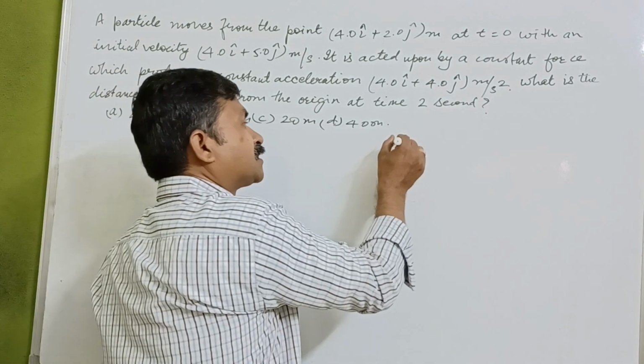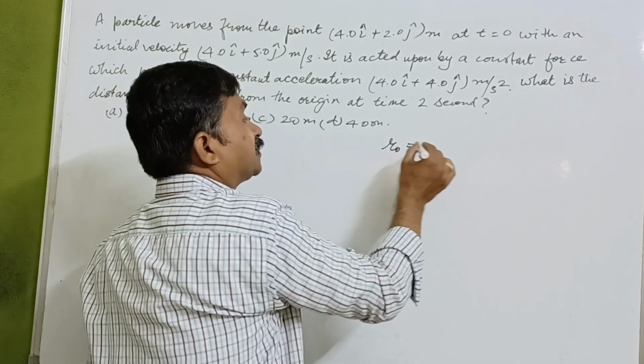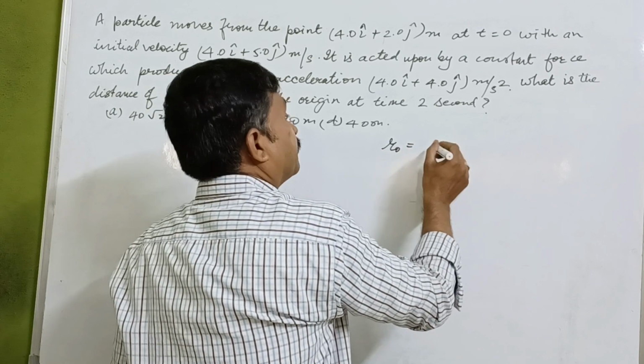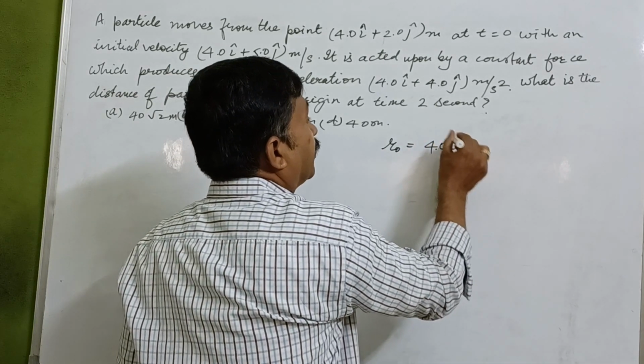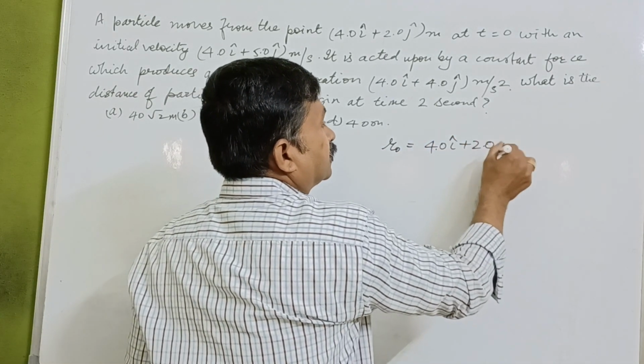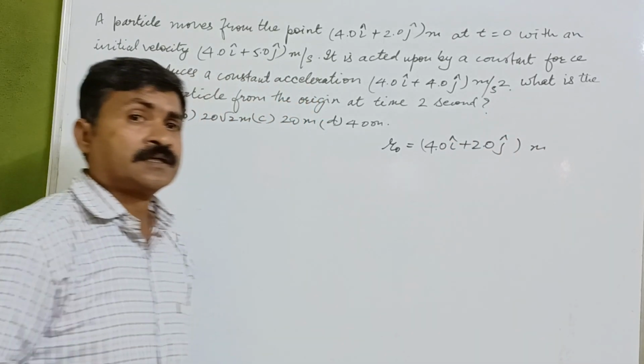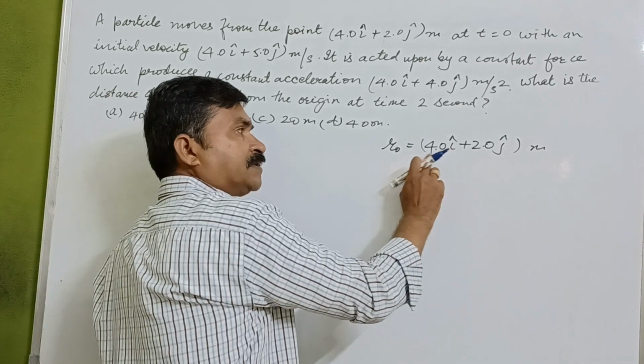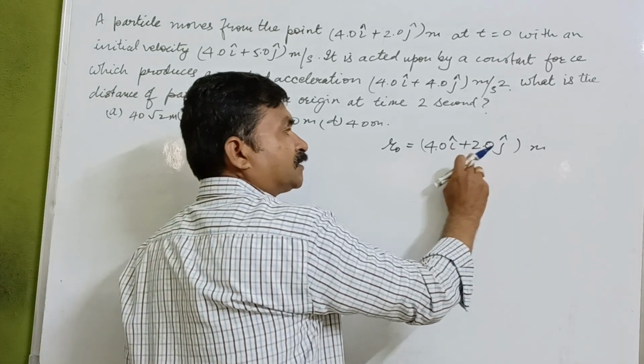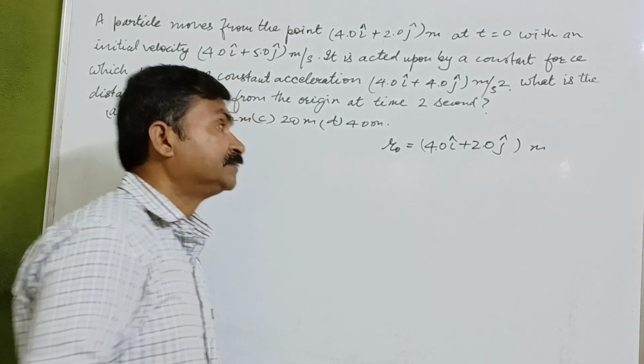What is given to us: r naught, which is the initial position, 4i + 2j in meter, where i cap is the x component and j cap is the y component.